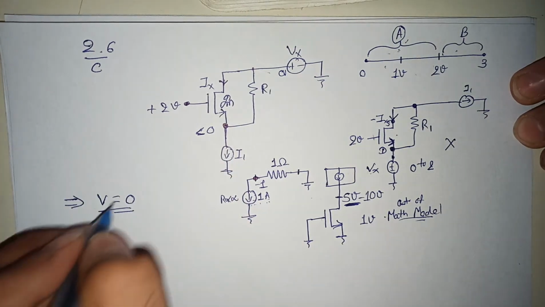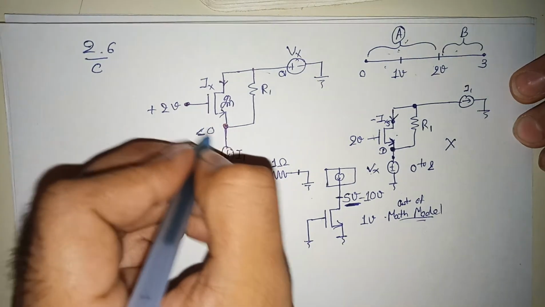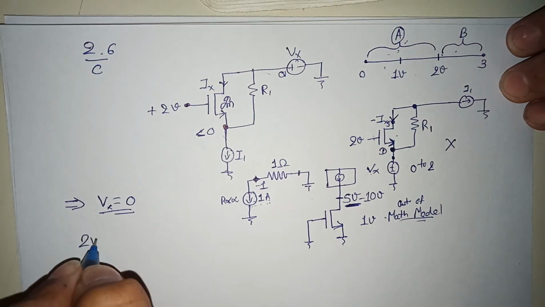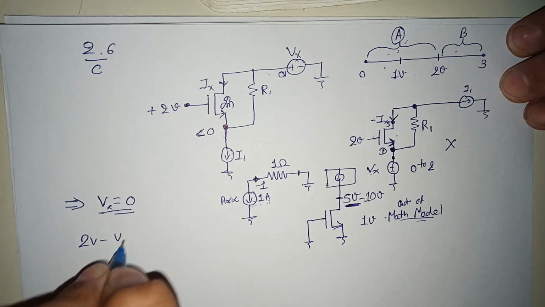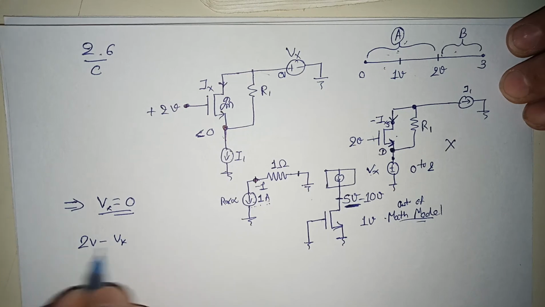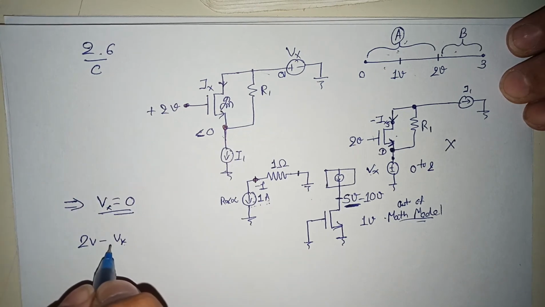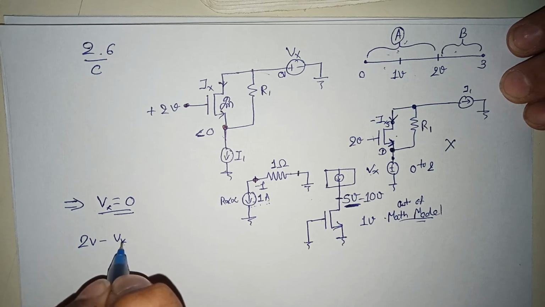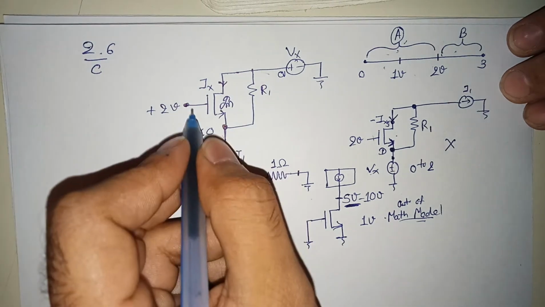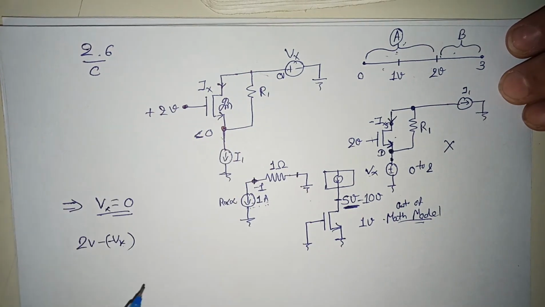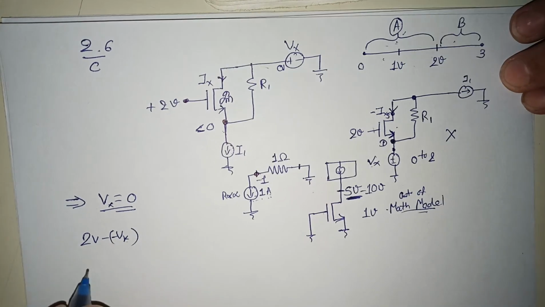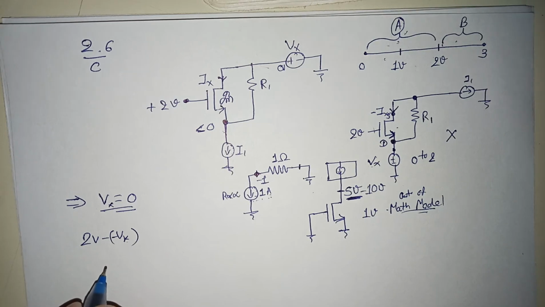Okay, so now when Vx is equal to 0, what will happen? This will be negative, so it will be like 2 volt minus some Vk, some volt, will be your VGS. That is of course higher than VTH, because Vk is a negative value, so minus minus will be there. So 2 volt plus something, VGS will be more than 2 volt. It is of course more than VTH, so the device will be on for sure. But what will happen to VDS, is it too high, too low?